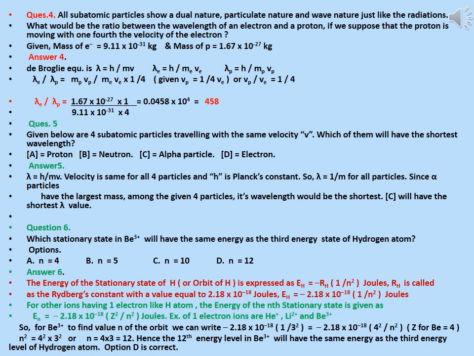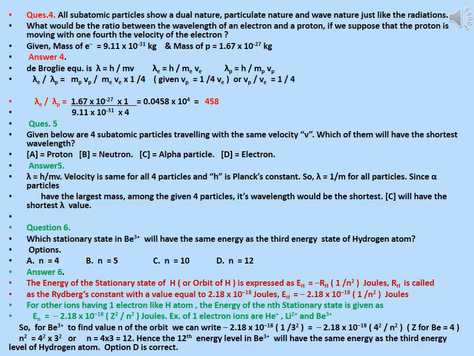That will be equal to minus 2.18 into 10 power minus 18 into Z square by n square for beryllium, that is 4 square by n square. For beryllium, Z is equal to 4. We don't know the value of n, the nth energy state or stationary state of Be3 plus, which has the same energy as the third energy state of hydrogen atom. So calculating, we get n square is equal to 4 square into 3 square, or n is equal to 4 into 3, 12.